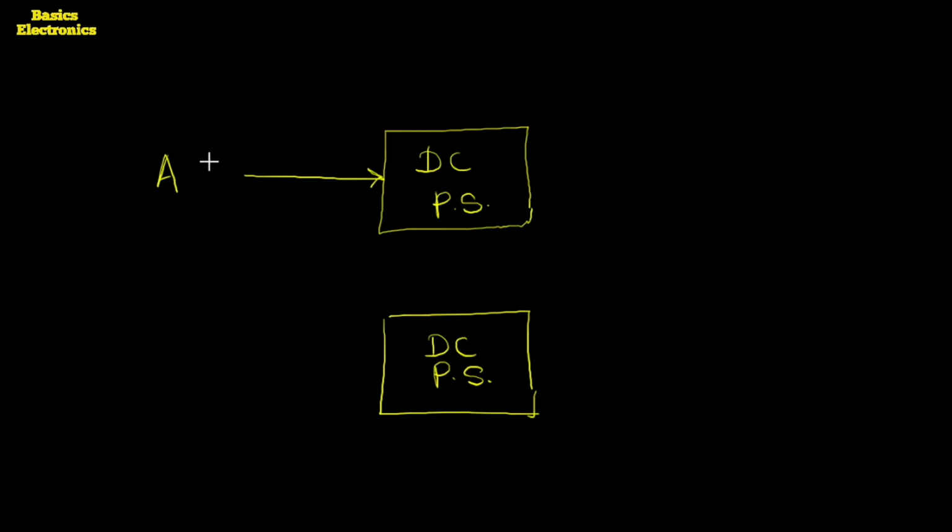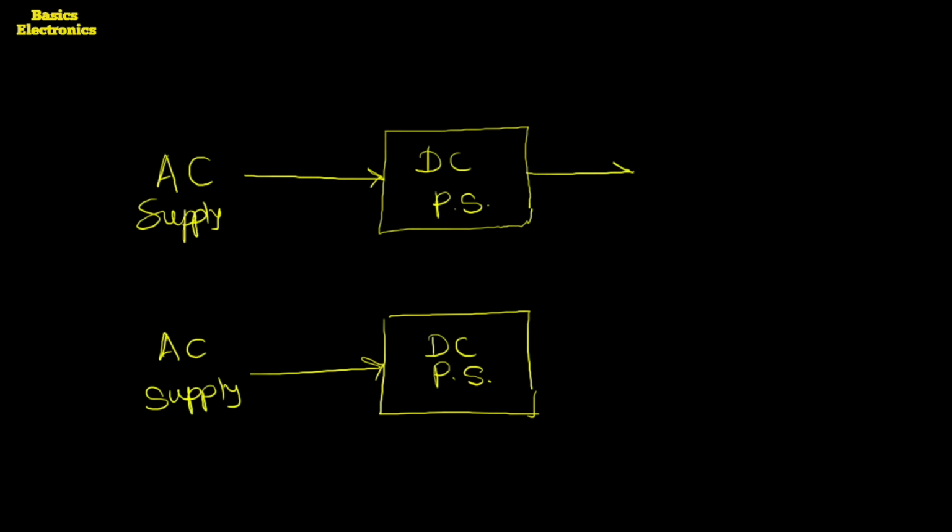Here I am going to apply AC voltage: the input AC supply, again the input AC supply for each. It provides the output, which we call the DC output. Here again the output is the DC output.